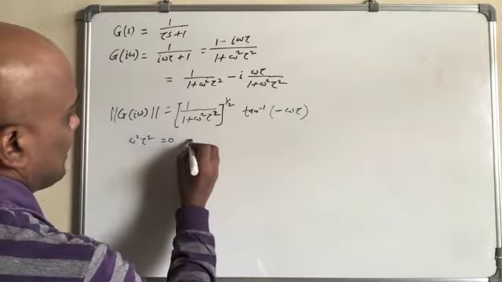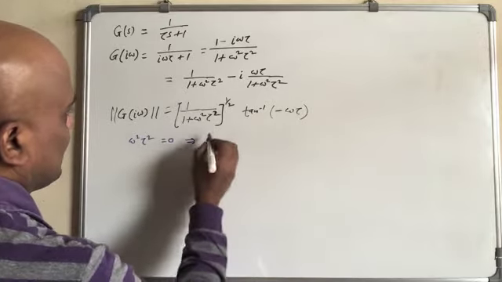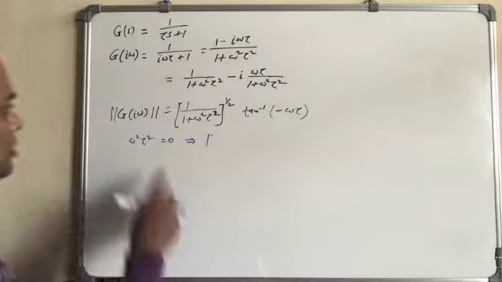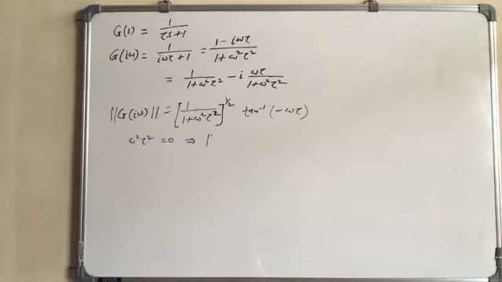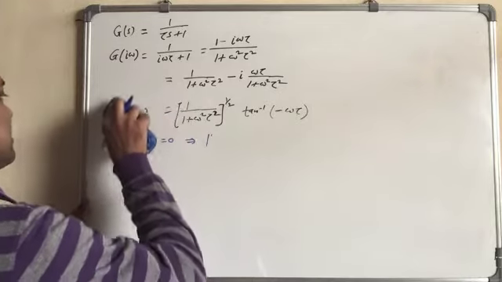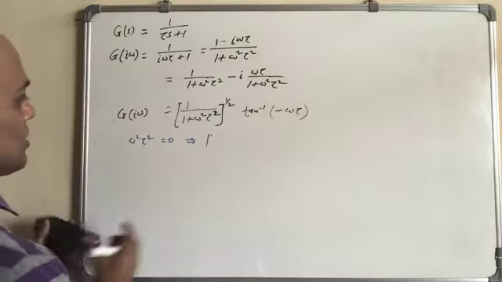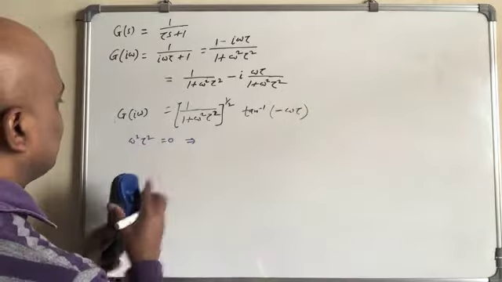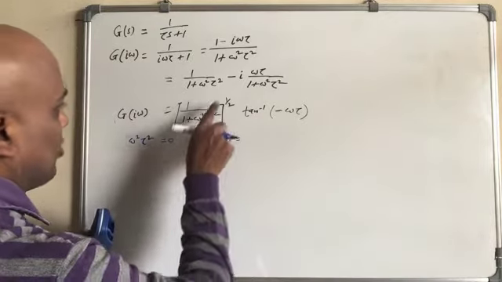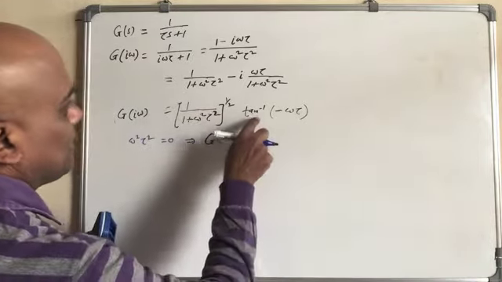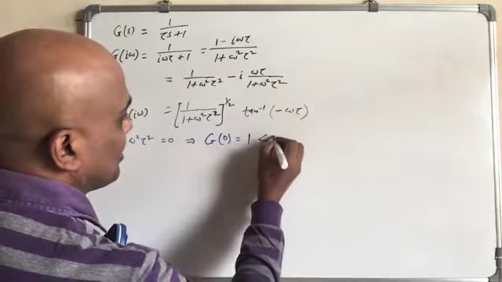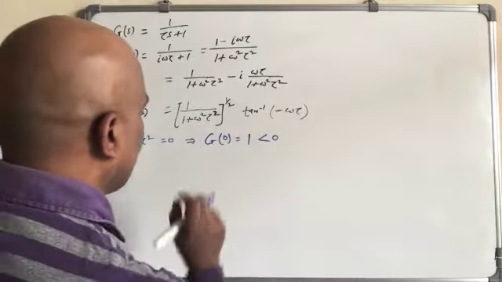Since we have both magnitude and angle here, we write G like this. So we get G(0) equal to 1, and the angle is tan inverse of minus 0, which is angle 0 only.